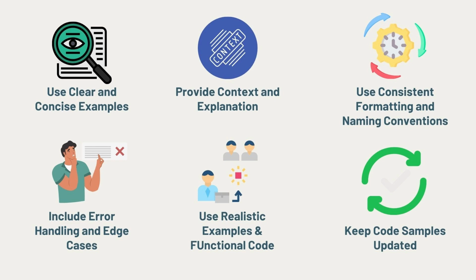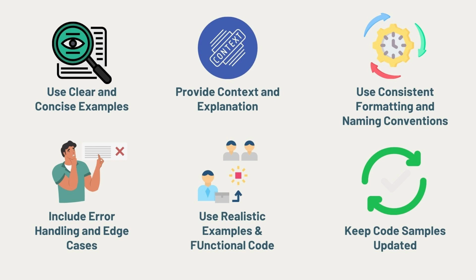Make sure that you use clear and concise examples, depending on the concept you're going to explain. If you're going to build a to-do list using Python, list down the features that we are going to need for this particular app. Then avoid unnecessary code that may confuse or even distract the readers. So provide context and explanation.